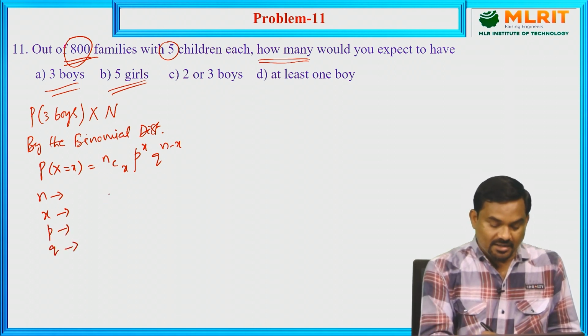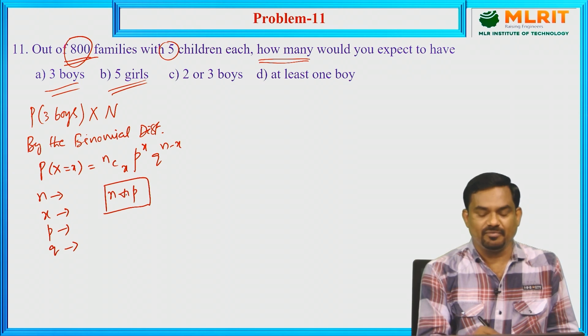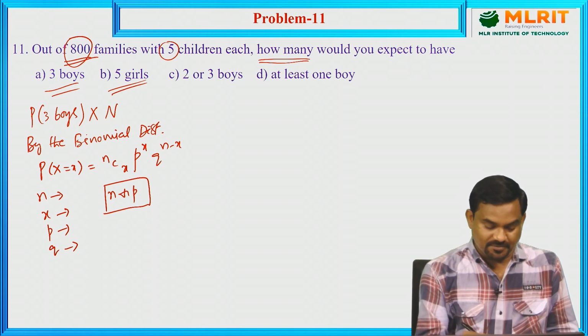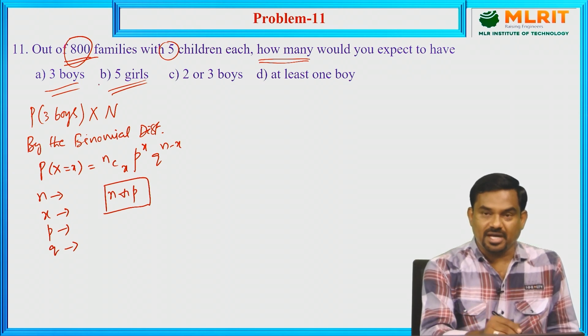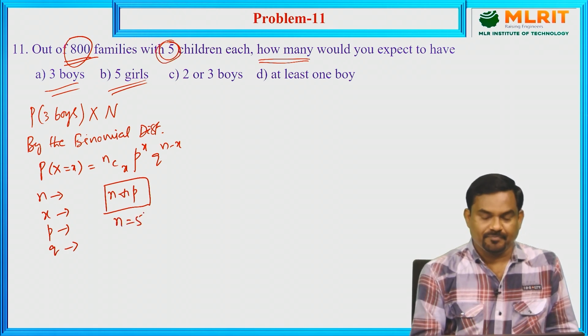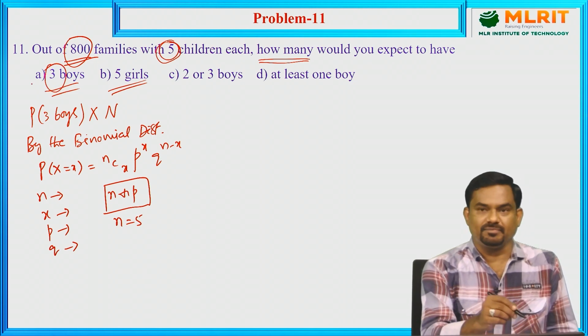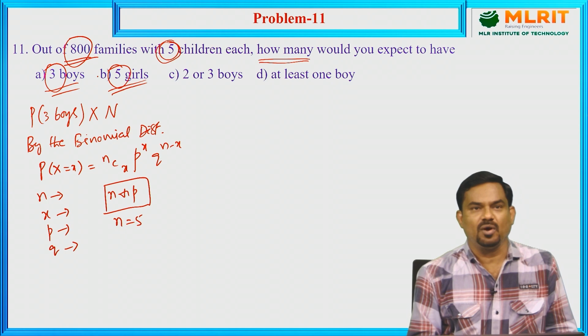And n and p are the parameters of binomial distribution. If we have these 2 values, we can find all the required probabilities. And here, out of 5 children, so n equal to 5. How many boys are there? The probability of 3 boys, probability of 5 girls and so on.